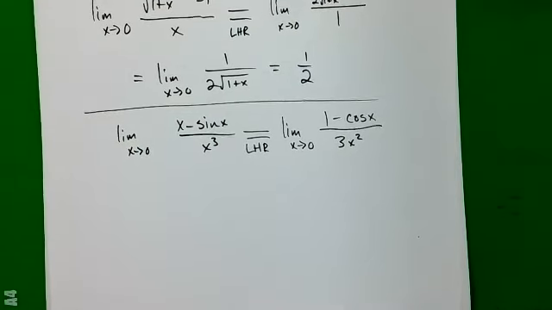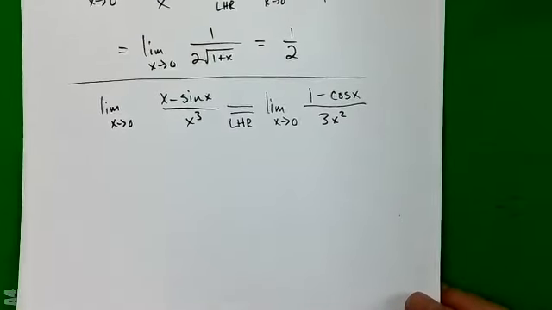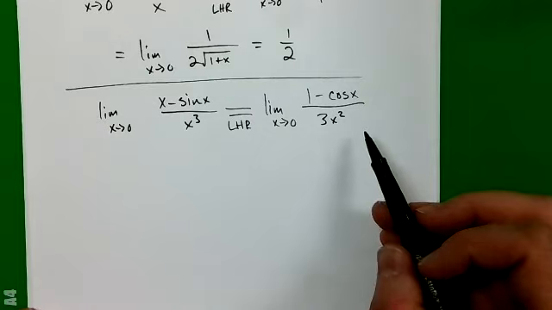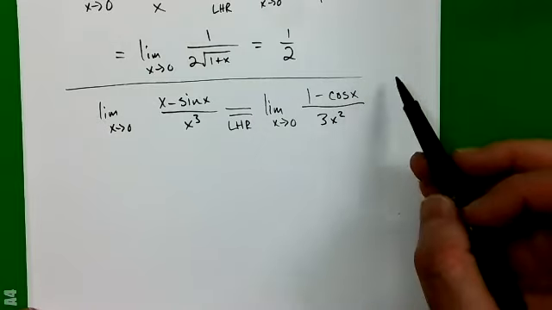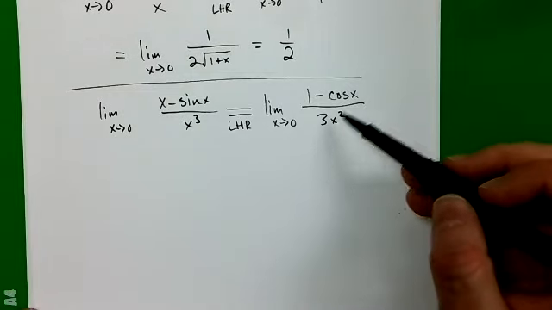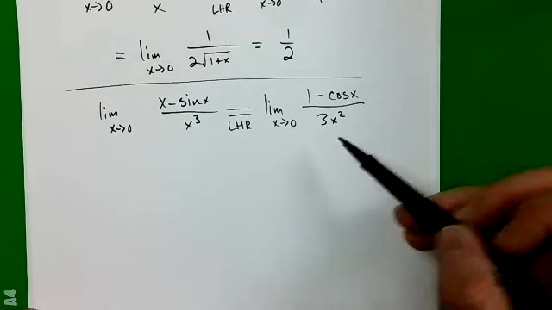Now it's important to note here that you can't just take L'Hopital's rule again. Sometimes it is useful to take L'Hopital's rule twice, but before you take it a second time, I should have told you, this is one of those cases where we're going to see, oh, that's still a 0 over 0 indeterminate form, 1 minus 1 over 0.